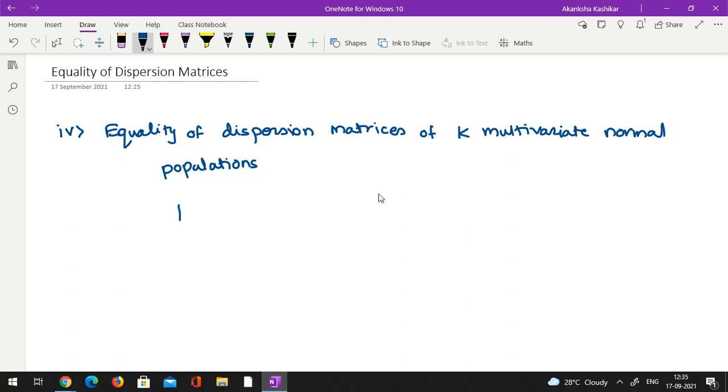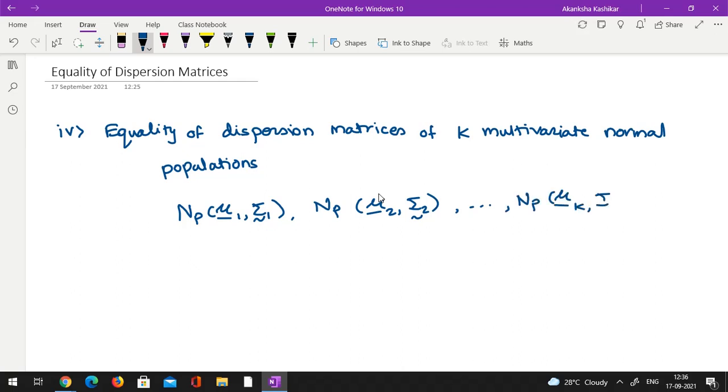So I have N_p(mu_1, Sigma_1), N_p(mu_2, Sigma_2), up to N_p(mu_k, Sigma_k), K different populations. Of course we are going to assume that they are independent.